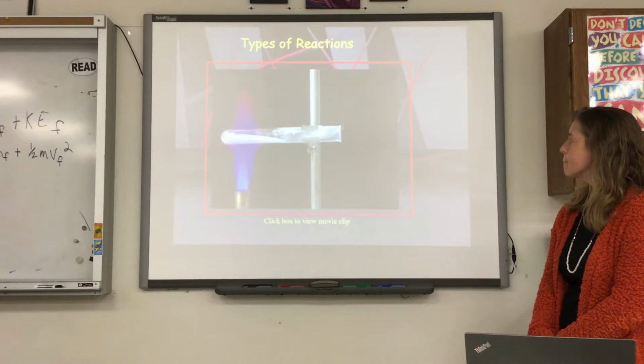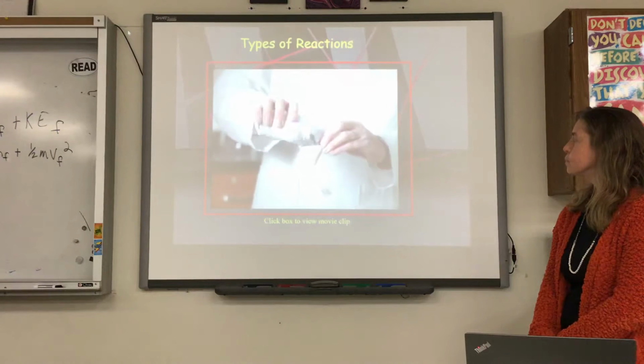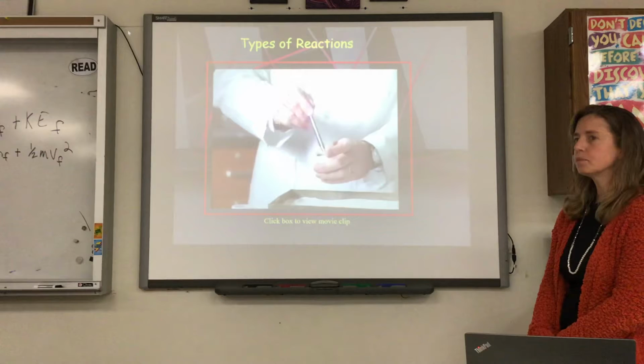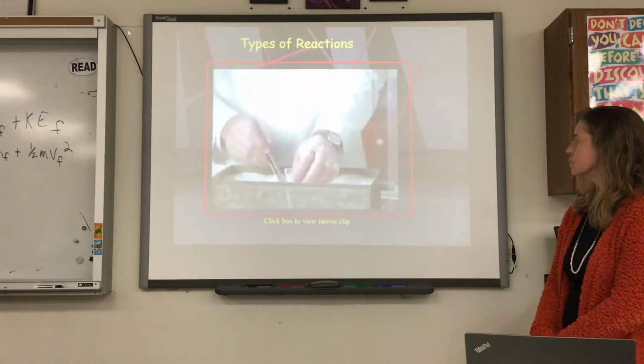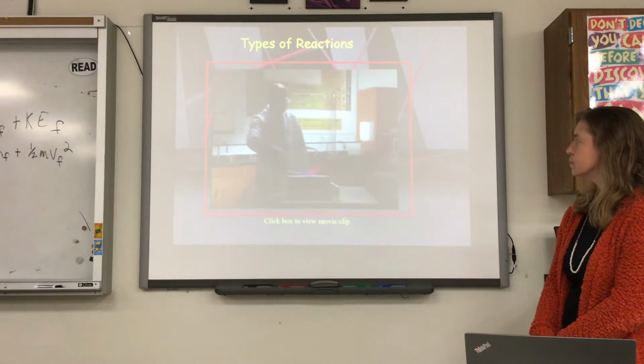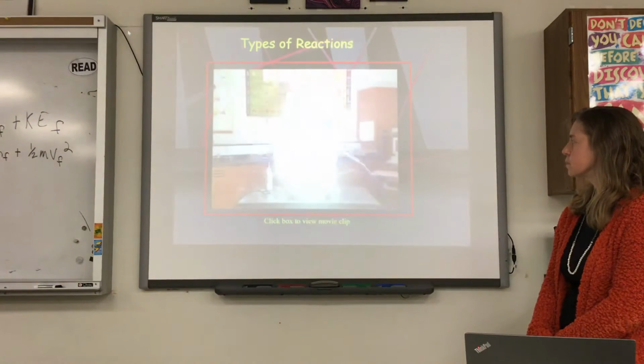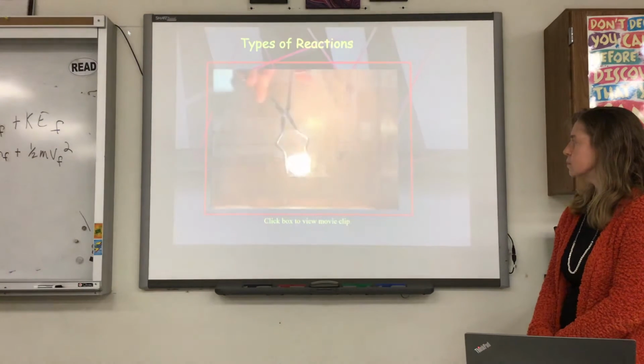When calcium hydroxide is heated, calcium oxide and water vapor are produced. A single displacement reaction occurs when one element takes the place of another in a compound. A heated mixture of powdered iron 3 oxide and powdered aluminum produces molten iron and aluminum oxide. This is called the Thermit reaction.